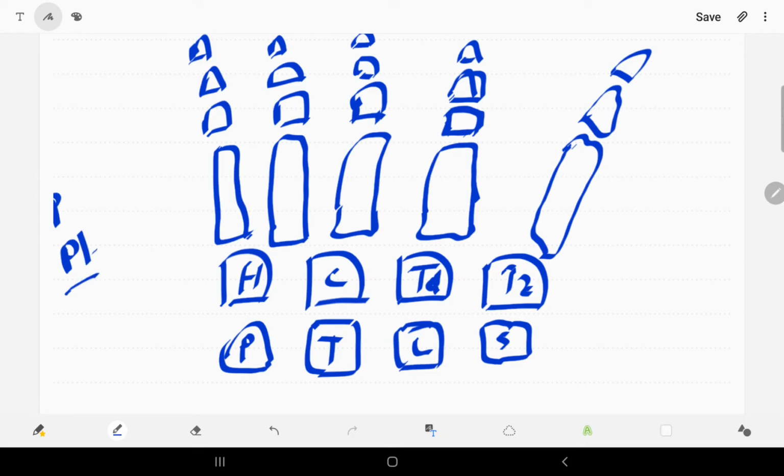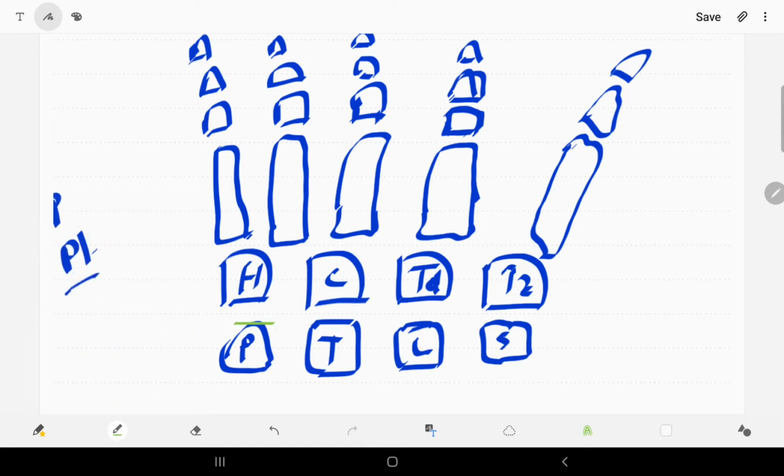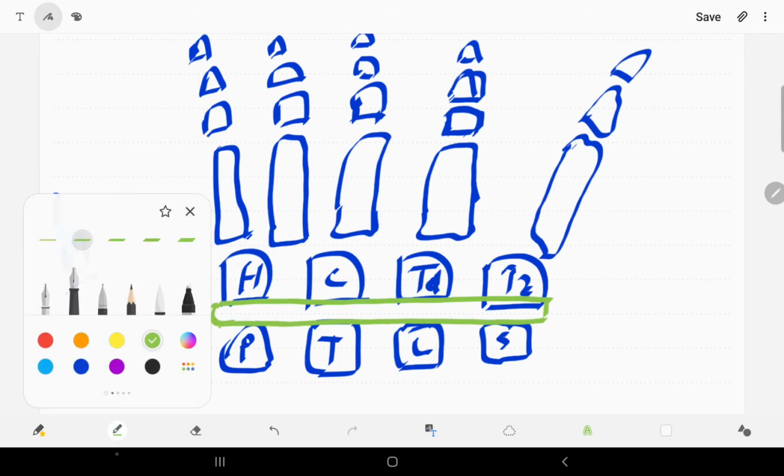Now I'm going to talk about the flexor retinaculum. This is located somewhere here in this portion. This is the schematic representation of the flexor retinaculum.